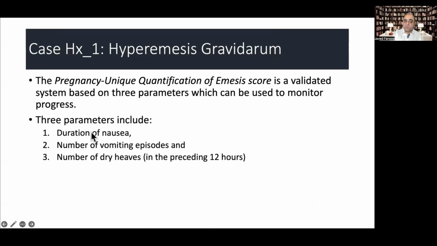These parameters include duration of nausea, number of vomiting episodes, and number of dry heaves in the preceding 12 hours. Depending upon these three parameters, the score is calculated and it can be used to monitor the mother's progress.